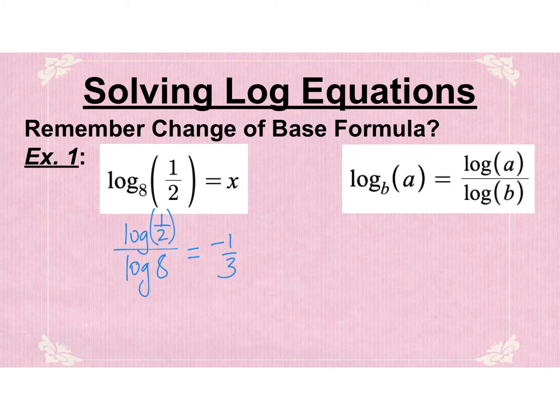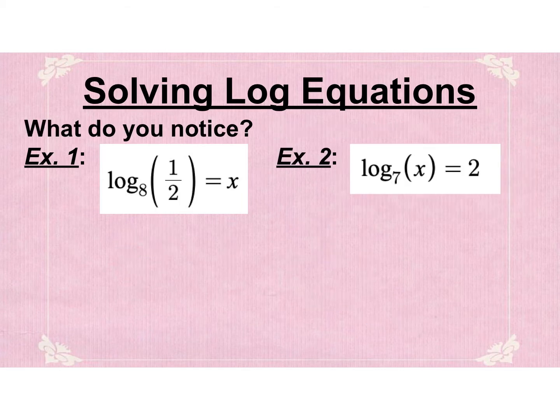And if we rewrite this in exponent form, this becomes 8 to the negative 1/3 equals 1/2. We know that negative exponents move it to the denominator, and 1/3 would be the cube root. So this is the cube root of 8, which is 2, and then moved into the denominator, so it's 1/2.